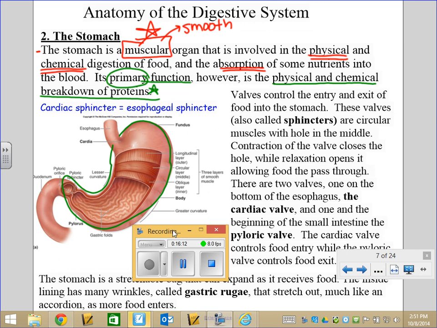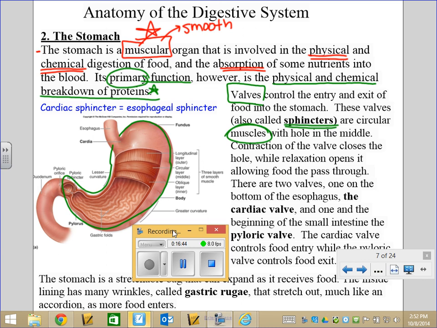And the parts of the stomach that we're going to focus on are actually the entrance and the exit. So you have valves that control the entry and exit of food into your stomach. Valves, which are called sphincters, so that's where that word comes from anatomically, are circular muscles.